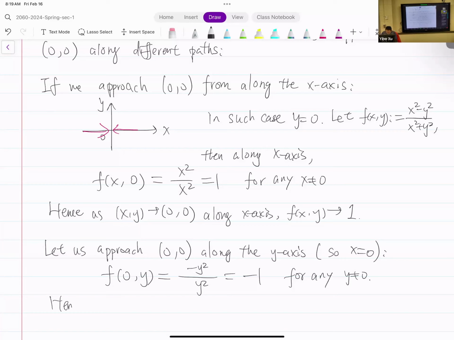So just following the same argument, we know that as the point approaches the origin along the y-axis, the functional output approaches -1. That was good. So now what can we say about this limit here? So if our point xy approaches the origin, in general, does the limit exist?